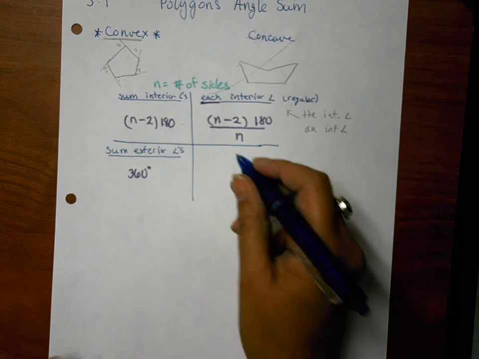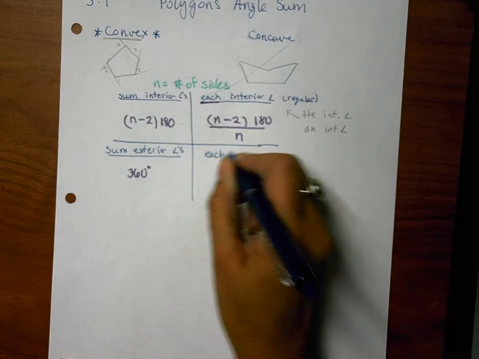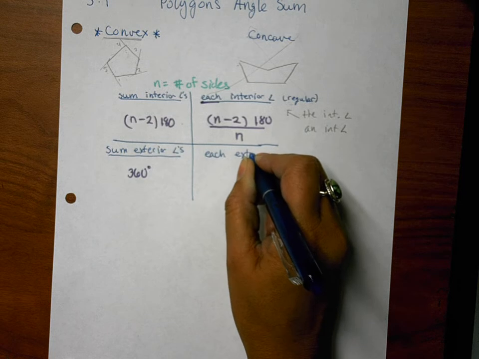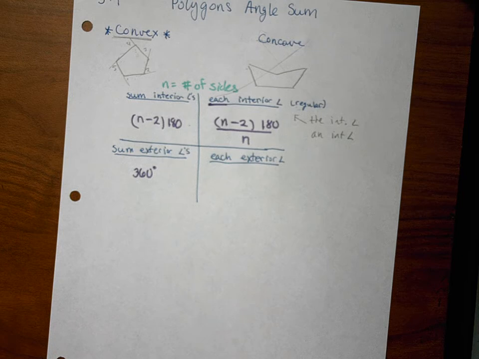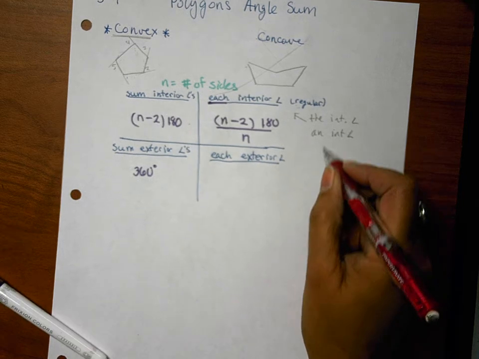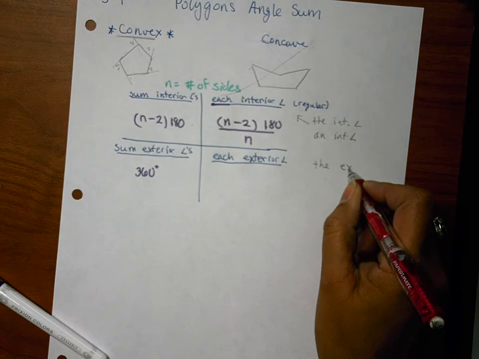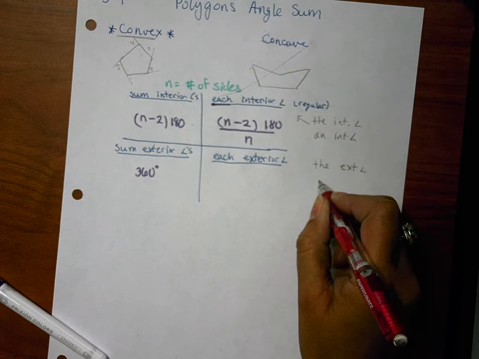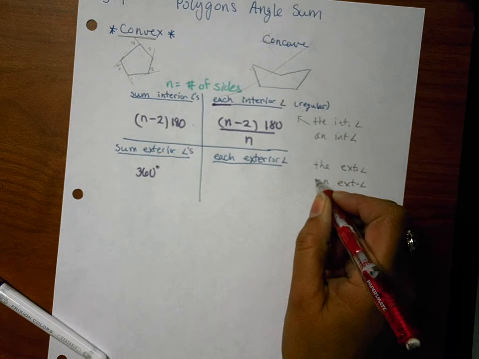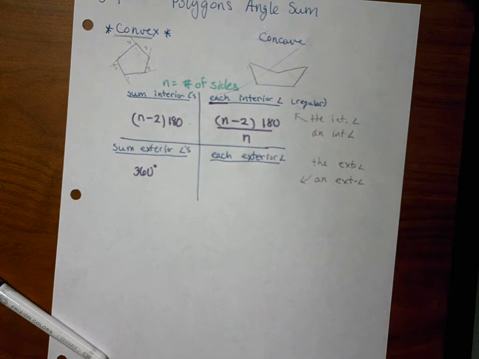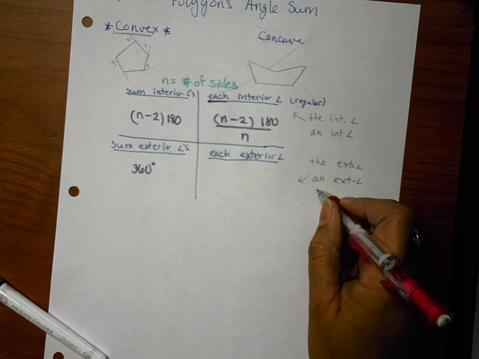Okay, each exterior angle, and same as before, it might say the exterior angle or an exterior angle, it means the same thing as one, each. I guess I should put that one as well.